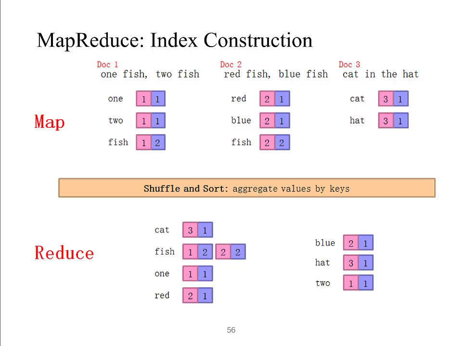So if we take a MapReduce view, these are the input, the documents, and for map, for each term, it has a pair of document ID and the term frequency.